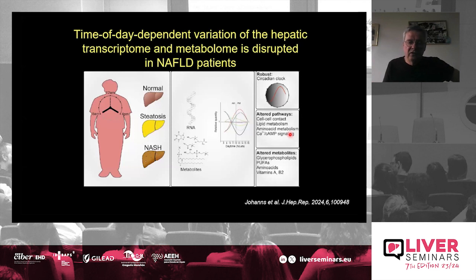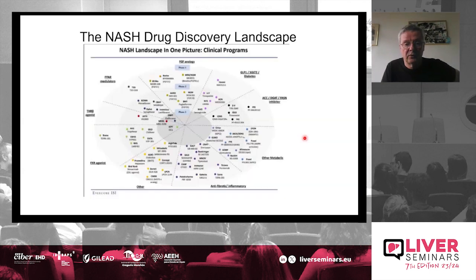So the message here is that one has also to take into account what time of the day one takes a sample and compares it, for instance, to the metabolome or the transcriptome of other samples. You can read the details in this paper, it just came out.